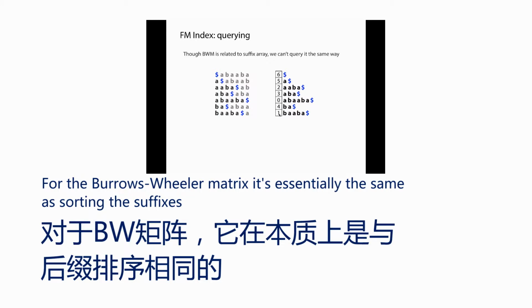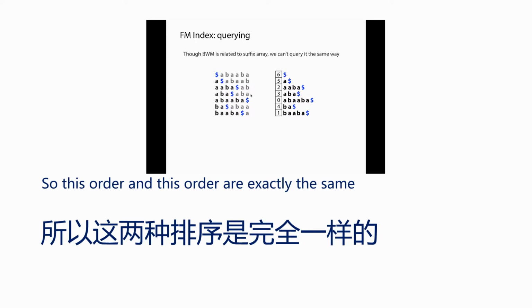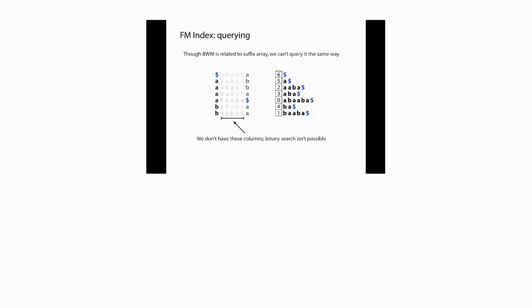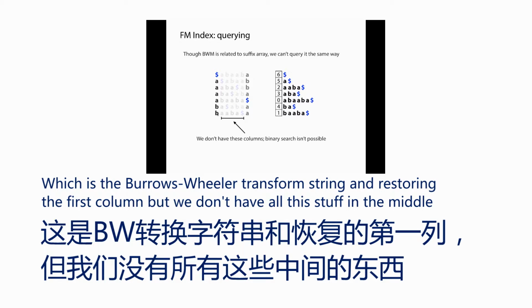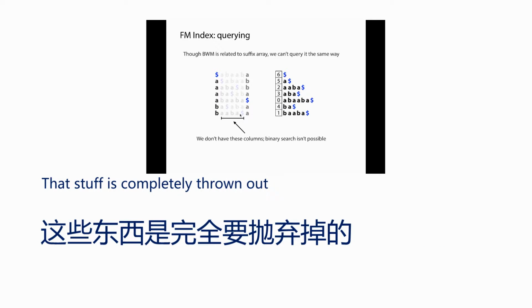It's essentially the same as sorting the suffixes. So this order and this order are exactly the same. But again, in our index representation, we're storing the last column, which is the Burrows-Wheeler transformed string, and we're storing the first column, but we don't have all this stuff in the middle. That stuff is completely thrown out.